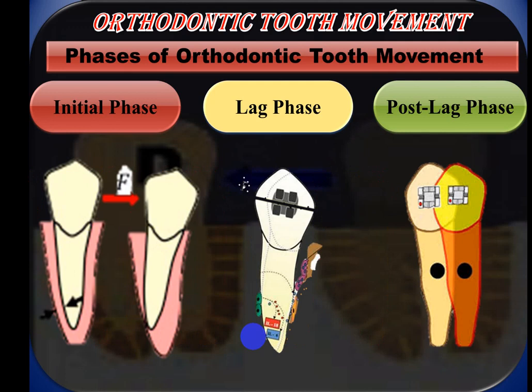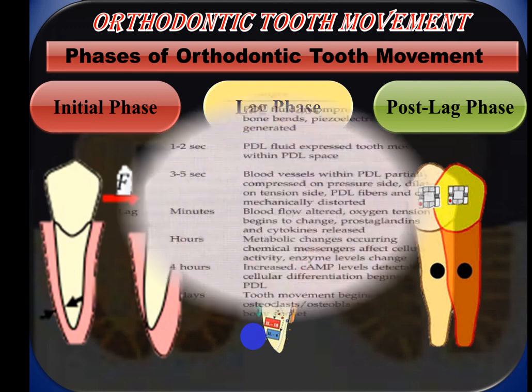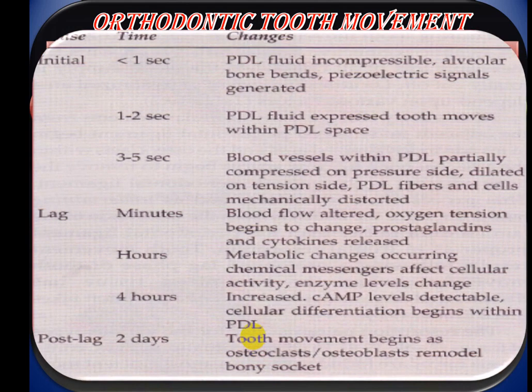If we want to know what happened in each phase of the tooth movement, we can look at this table, which includes the information on the changes happening in each second, minute, hour, or day in each phase. You can read it.